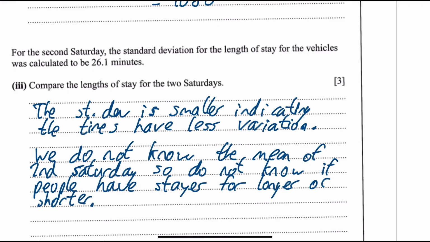Okay, so it's a bit of an annoying question. I don't know what they're wanting really for 3 marks, but I'd imagine it's more than just saying that the variation is smaller. So that's it.